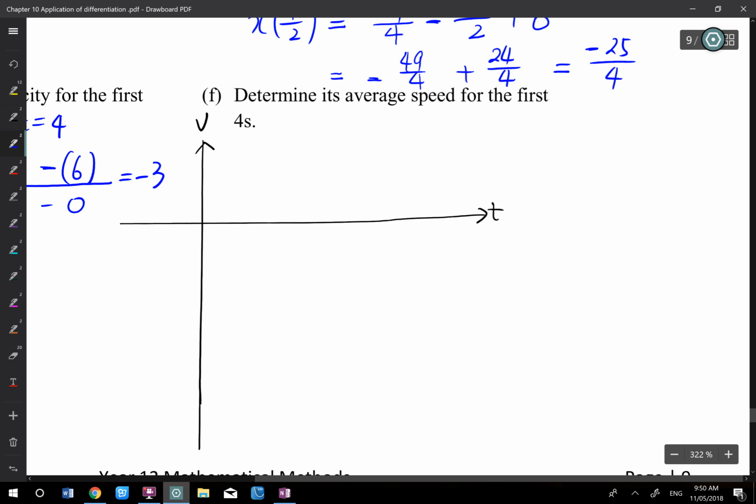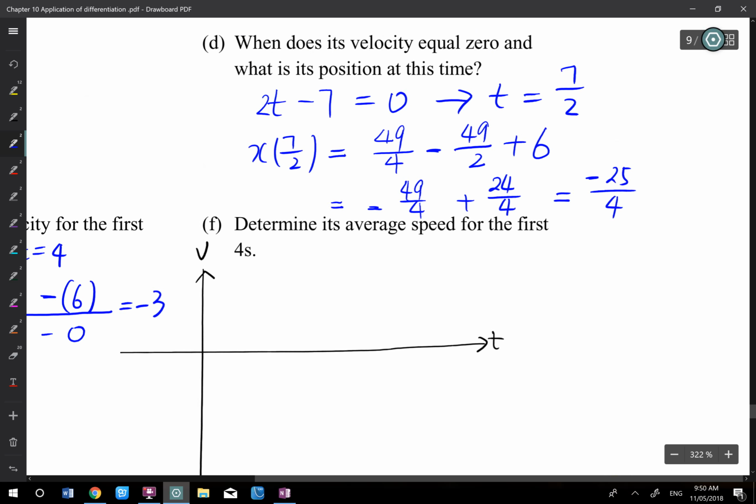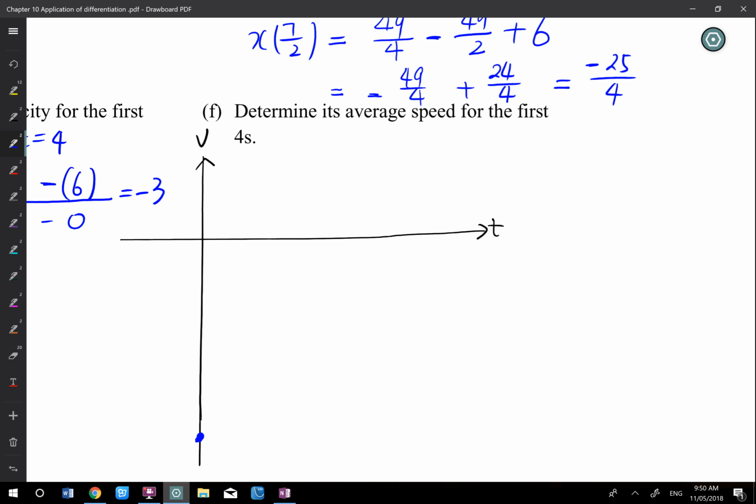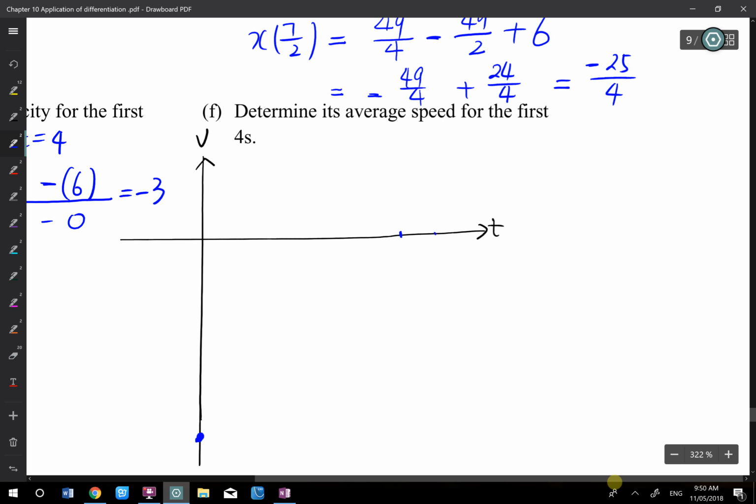So when t equals 0, we got negative 7. And that is when t equals 7 over 2, because it's when the velocity equals 0.